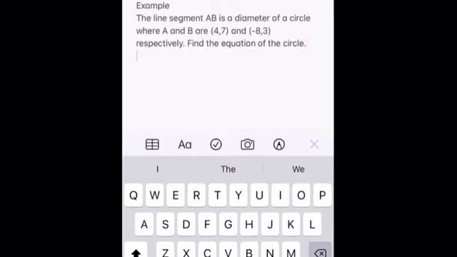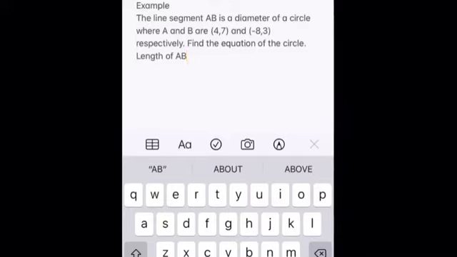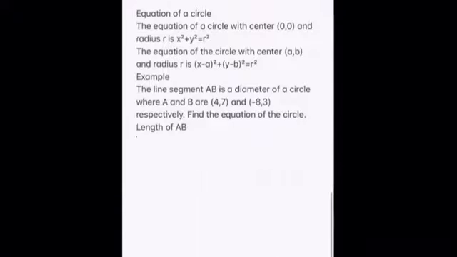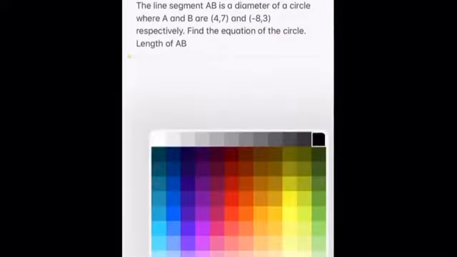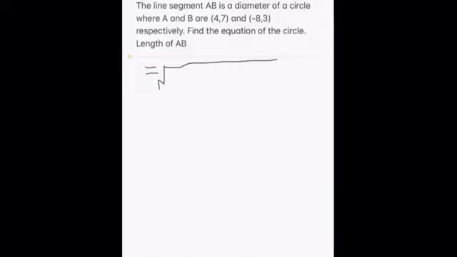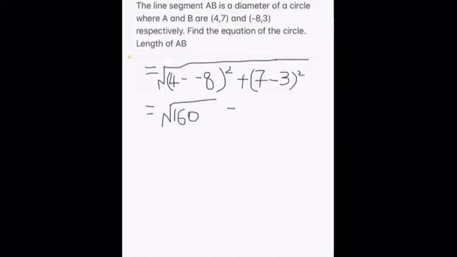In order to find the length of AB, we'll use the formula we looked at before. So it's the square root of (4 minus -8) squared plus (7 minus 3) squared, and we get the square root of 12 squared plus 4 squared, which is the square root of 160. 160 can be found by multiplying 16 and 10, and 16 is the square of 4, so the square root of 160 equals 4 square root of 10.